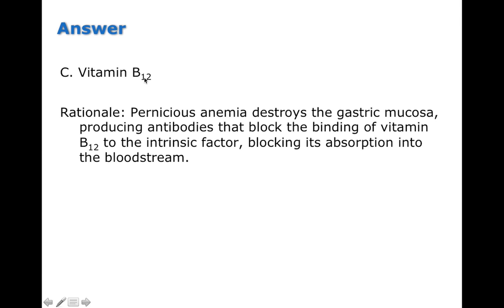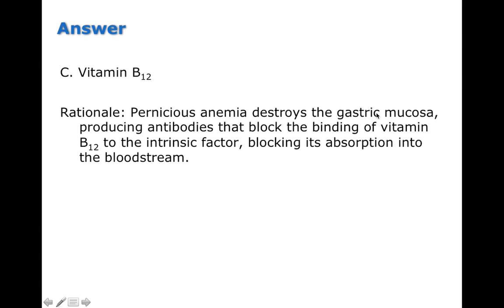Now, pernicious anemia could be due to not just low vitamin B12 in the diet, it could also be due to destruction of the gastric mucosa. We learned back in the digestive chapter how some of the cells of your stomach lining secrete a glycoprotein called intrinsic factor, which binds with vitamin B12 so that you can absorb it along your digestive tract.